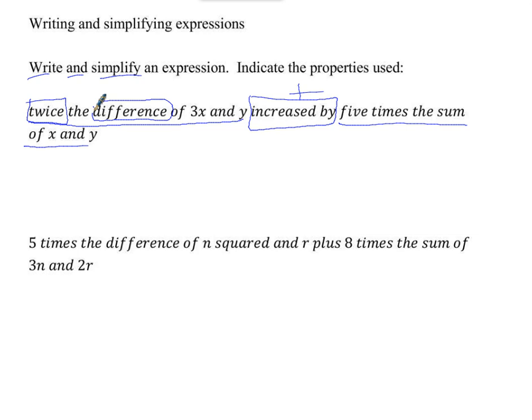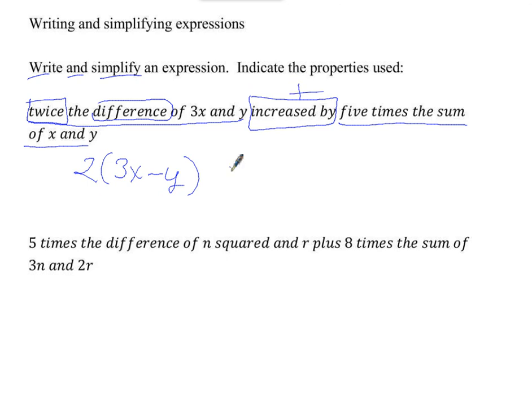We're subtracting 3x and y, so that means I have 3x minus y. What am I doing to 3x minus y? We're multiplying it by 2. So I find the difference of 3x and y, and then I got to double it, and the way that I'm going to write that is 2 times the quantity 3x minus y.